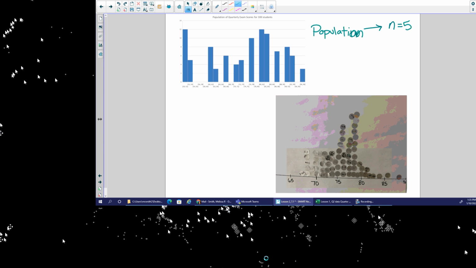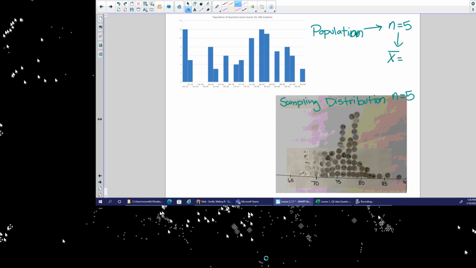Each time you took a sample of size 5, you calculated the average score from those 5, and you got an X bar value, which you see on what is known as our sampling distribution, which isn't complete because it's not all possible samples of size 5, but we're starting it. This is the start of a sampling distribution of quarterly scores for n equals 5.